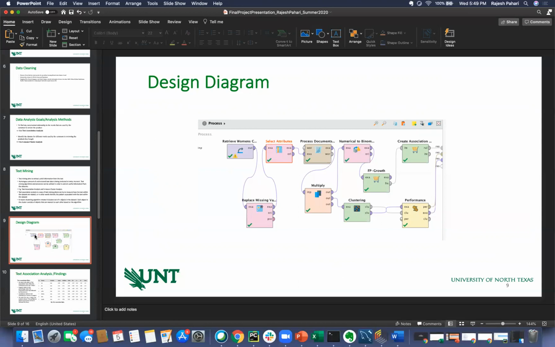The reason I'm using that is I want to provide the same tokens for cluster analysis as well as for association analysis. Eventually, those tokens are passed on to the association and clustering operators. At the end of the clustering operator, we have the performance operator, and once we run the process, we can see the results and the graphs associated with them.